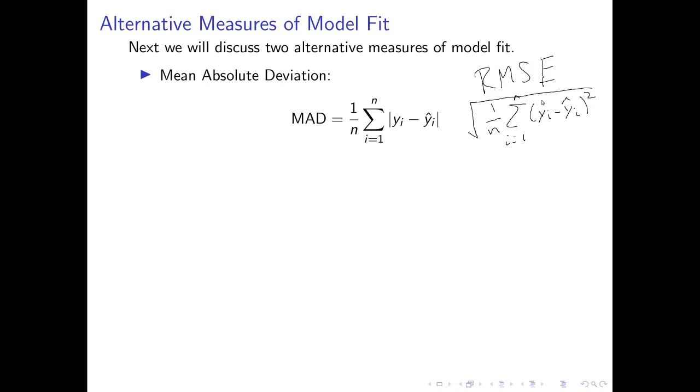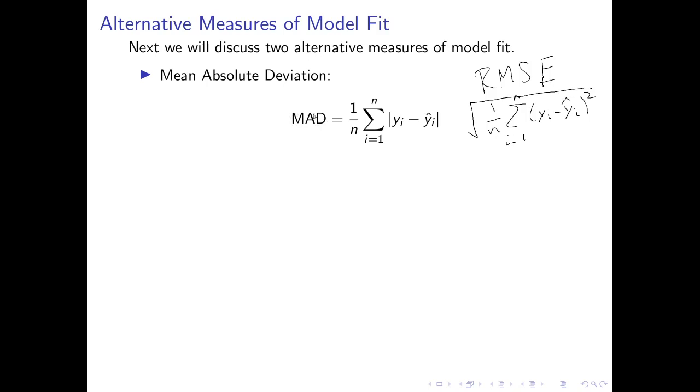So instead of quantifying the difference between the truth and the prediction with a squared distance, in mean absolute deviation we quantify it by taking the absolute value between the truth and the prediction. Okay, so this is the definition. This is mean absolute deviation, and we abbreviate it MAD.